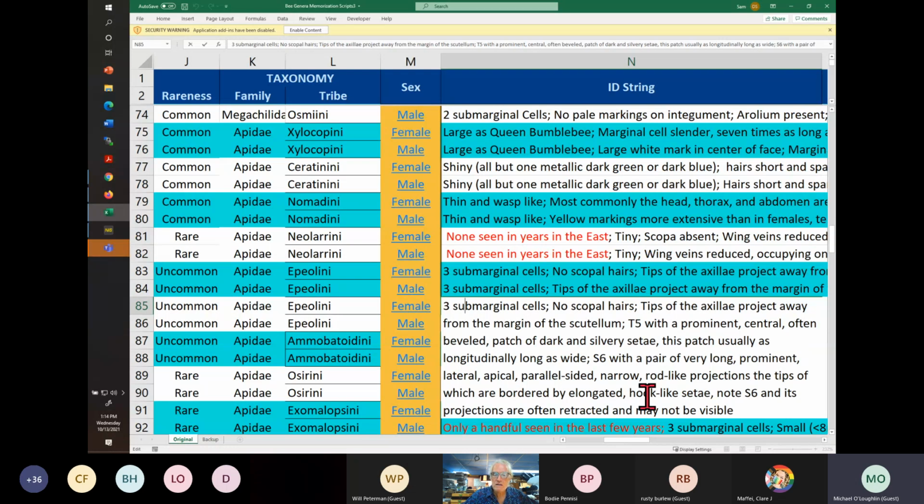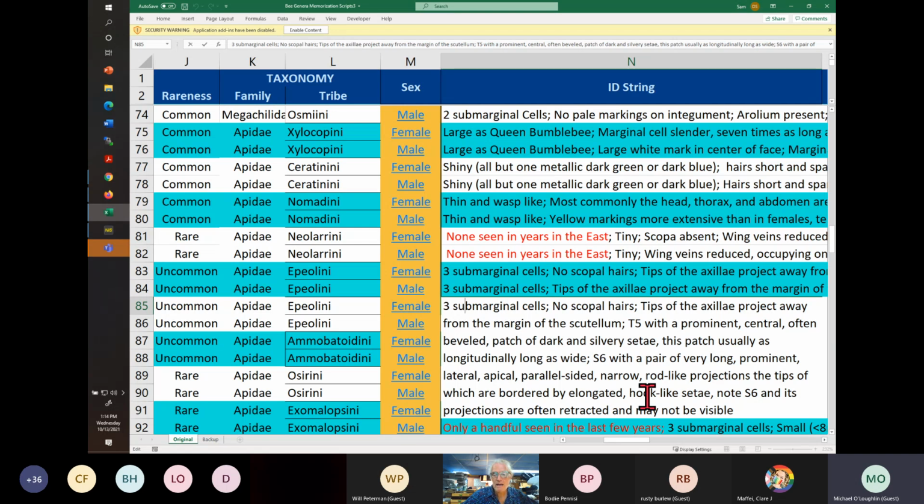And then on T5, we'll look at this pseudopygidial patch, as it's often called. The size and shape is going to matter in terms of differentiating it from the Triepeolus.